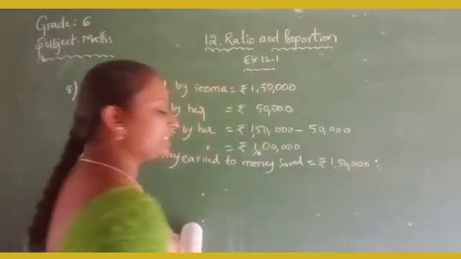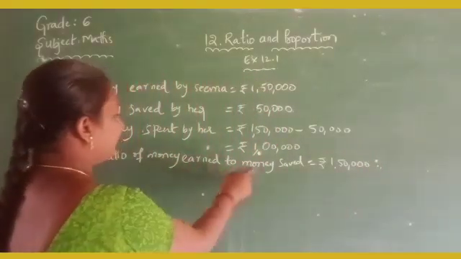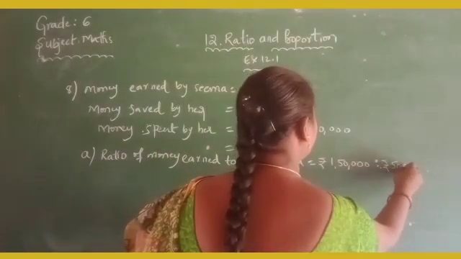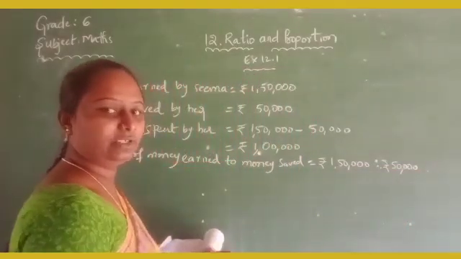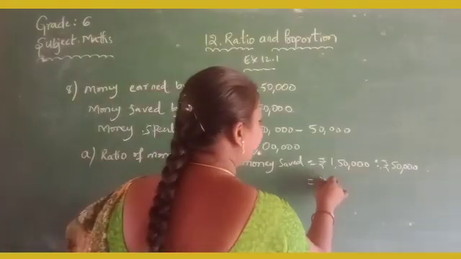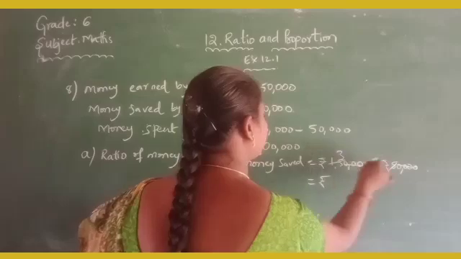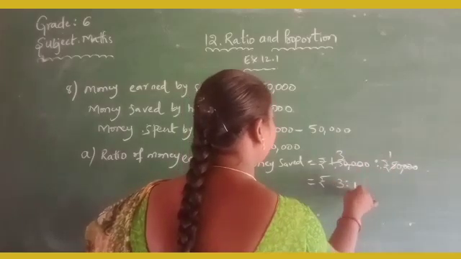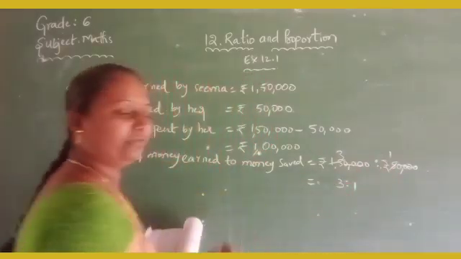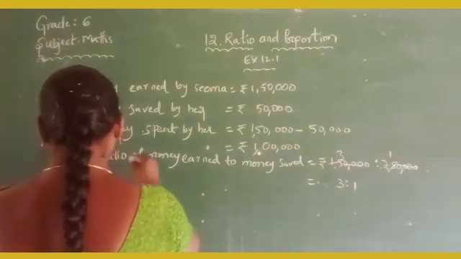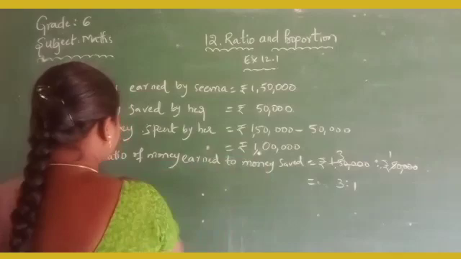The ratio symbol is the colon, and money saved, how much amount is saving? 50,000 rupees. Now simplify: here 4 zeros, 4 zeros, 5 ones are 5, 5 threes are 15. Okay, what is the ratio here? 3:1. 3:1 is the ratio of money earned to money saved.